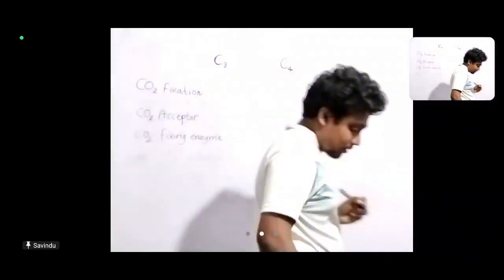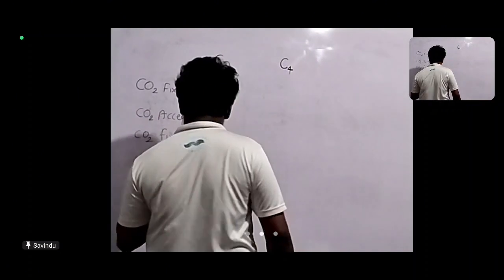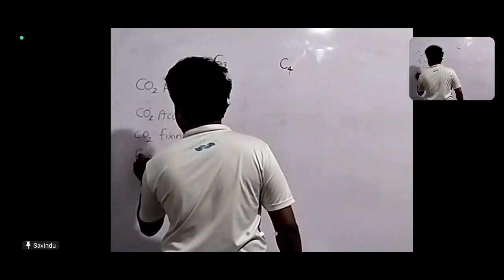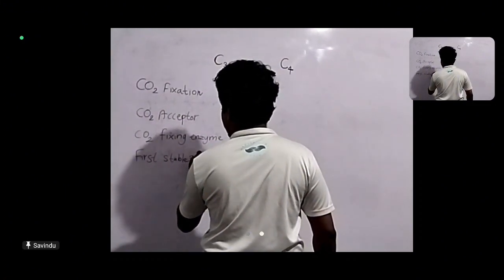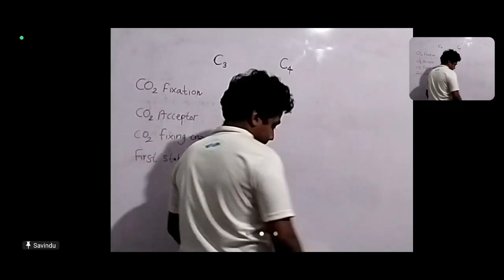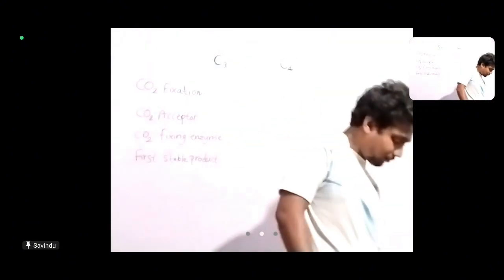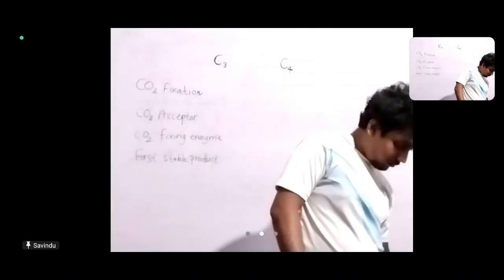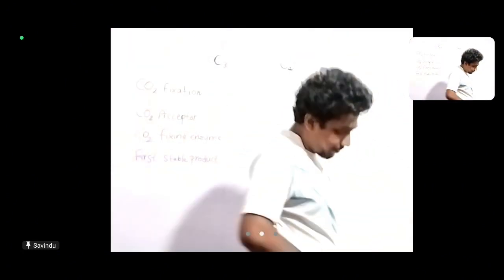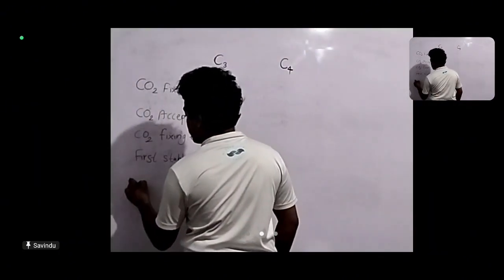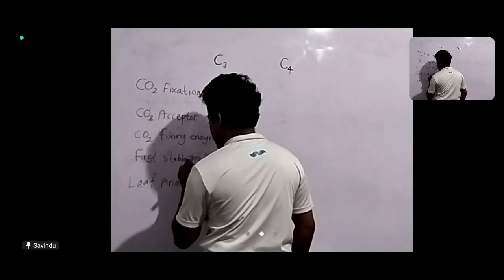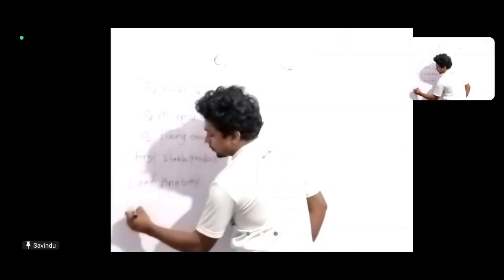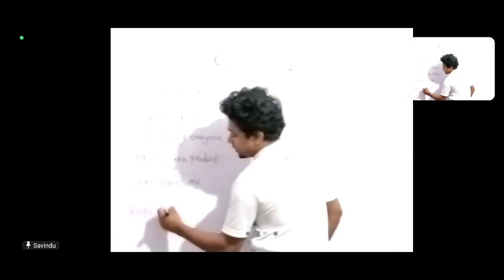Next, the first product of carbon dioxide fixation, first stable product. Then leaf anatomy. Then productivity. Easy, too easy these are.